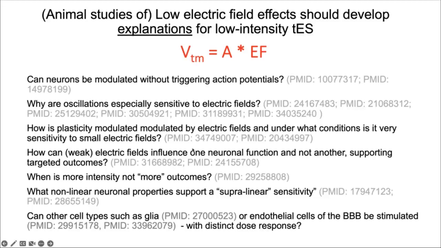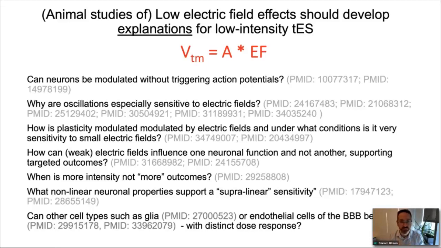And finally, I think we can ask questions about non-neuronal stimulation. So the theory above applies to non-neuronal elements as well. I talked about spheroids, so it applies to endothelial cells of the blood-brain barrier. It applies to astrocytes. They're all being stimulated as well, perhaps with a different dose response.